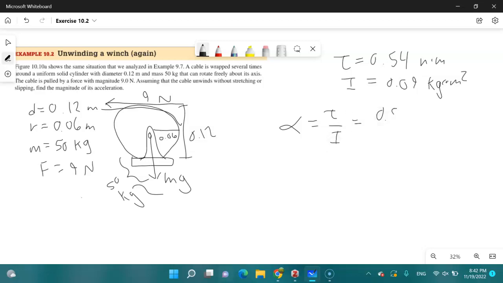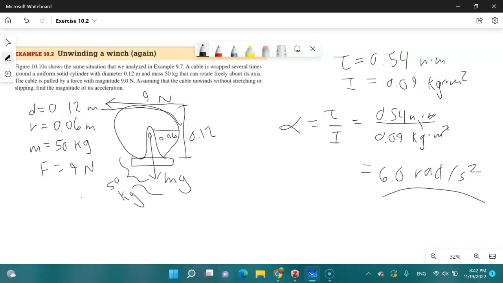So we would put the 0.54 newtons times meters, over the 0.09 kilograms times meters squared. And after we divide this, we get 6.0 radians per second squared. And this is the acceleration that we've been trying to reach. So this is our angular acceleration.